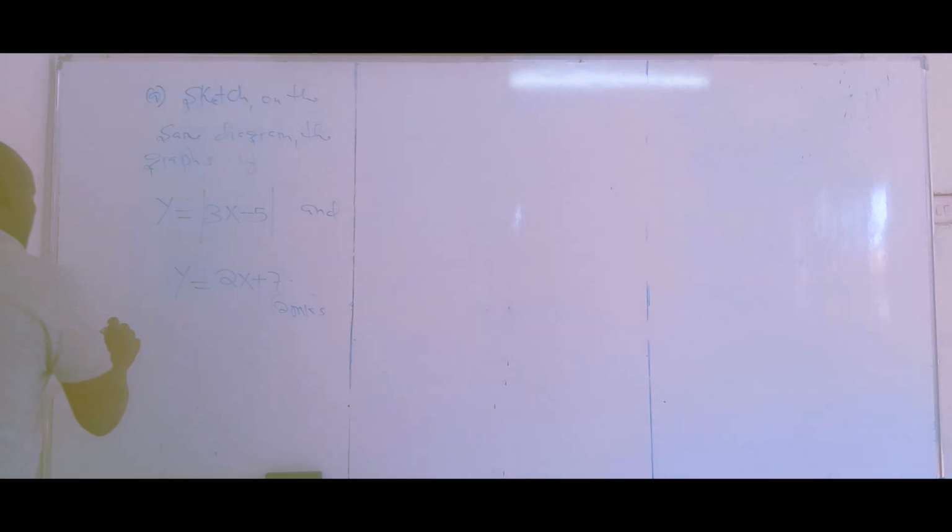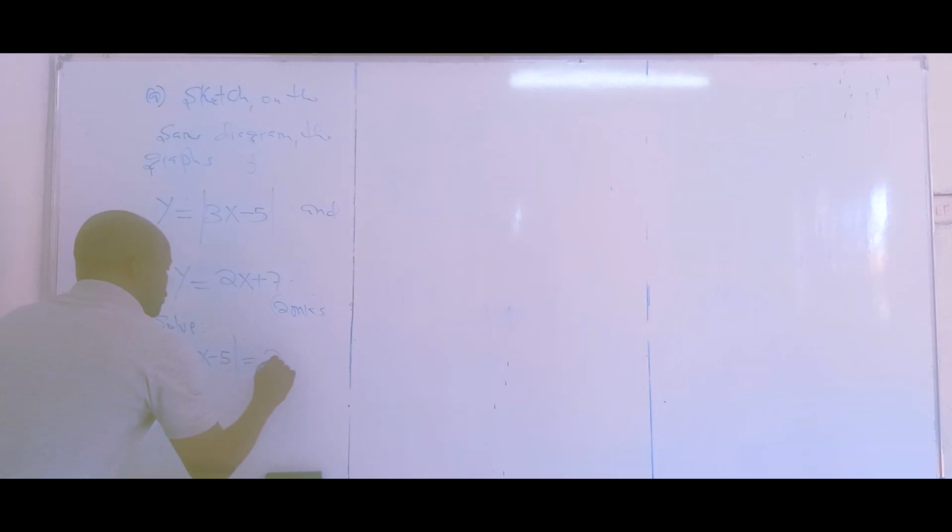That's part A. Part B, hence solve the equation modulus of 3x minus 5 is equal to 2x plus 7.